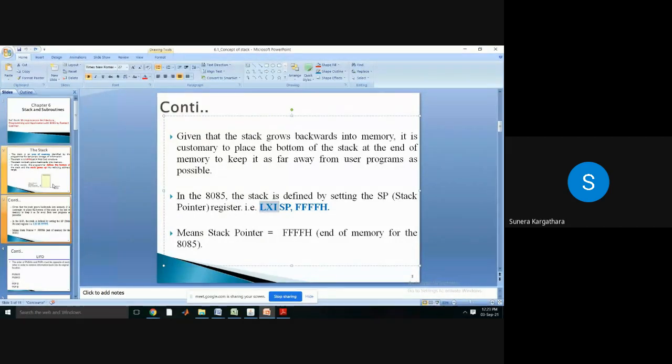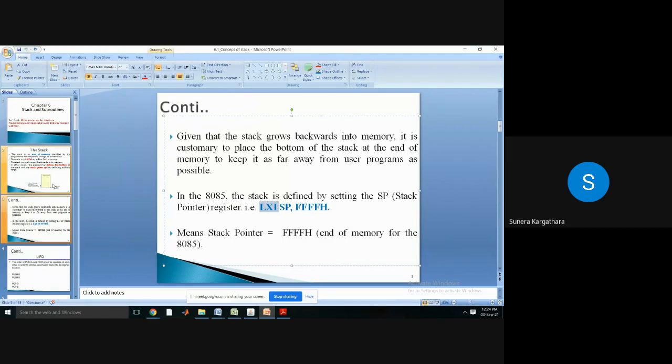Whenever you are storing data onto the stack in RAM, you are pushing your data onto the stack. That is possible through the push instruction.